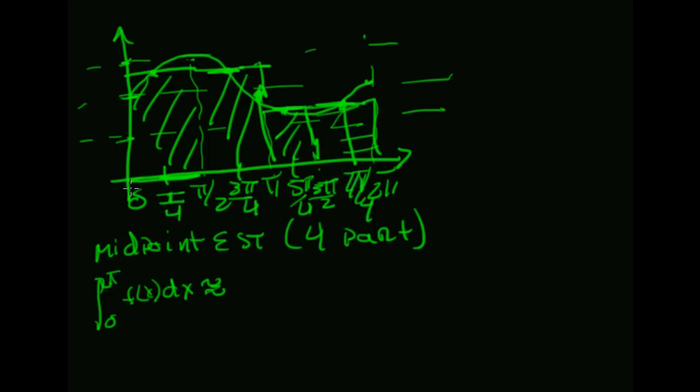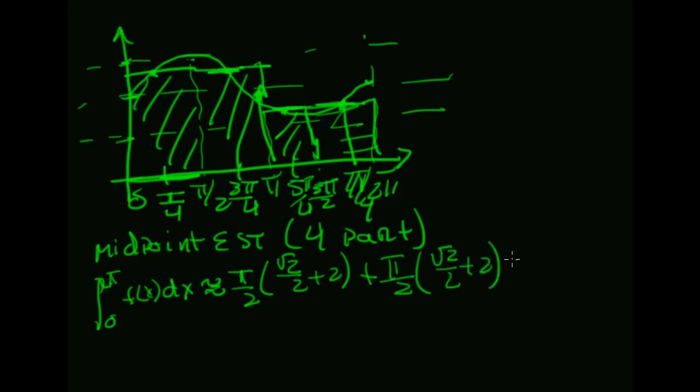So this thing has a width of pi over 2 and a height of root 2 over 2 plus 2. This one also has a width of pi over 2, and its height is the sine of 3 pi over 4 plus 2, which is still root 2 over 2 plus 2.